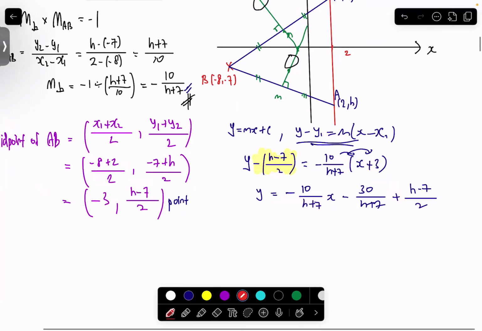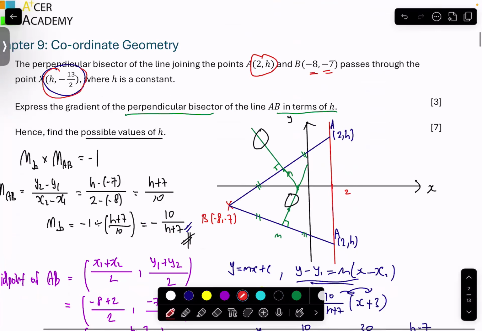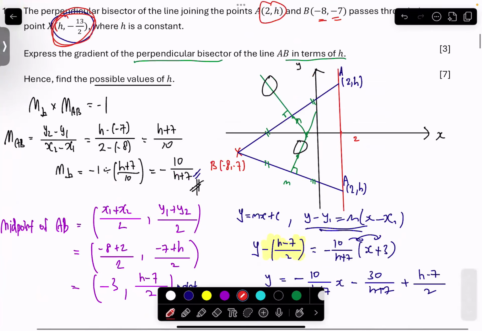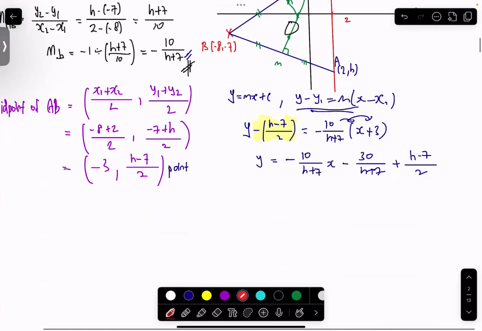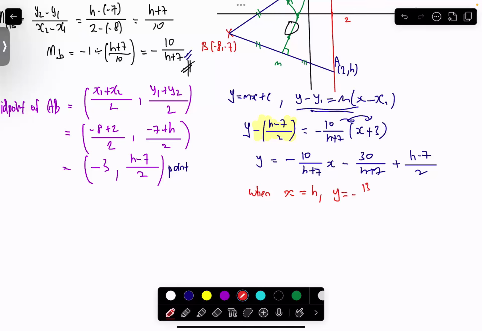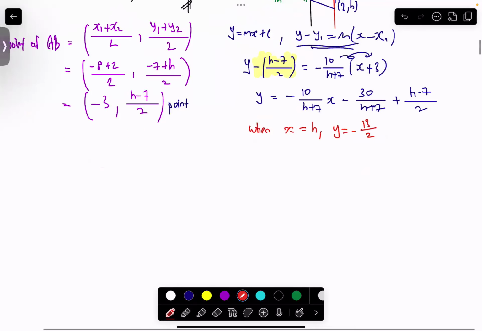Now, since this is the equation of the line and it passes through H at (h, -13/2), I'll say that when x equals h, y equals -13/2. So we get rid of the values of x and y by substituting in the variables.